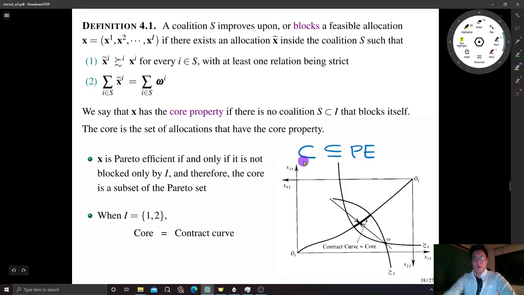But for the core we have several conditions. It should not be blocked by every possible coalition. So because we impose more conditions on the core, the core is a subset of the Pareto efficient allocations.